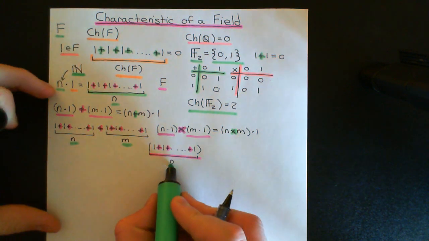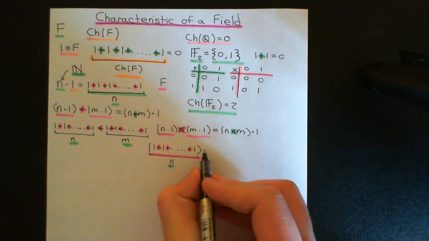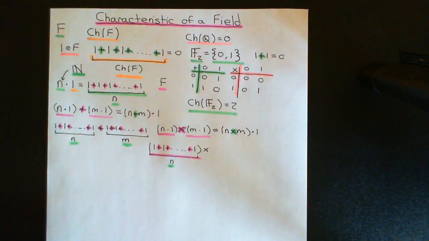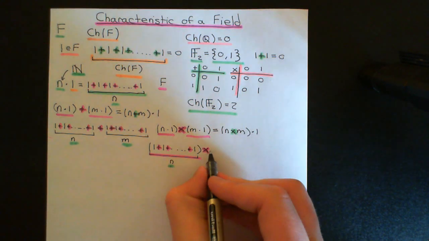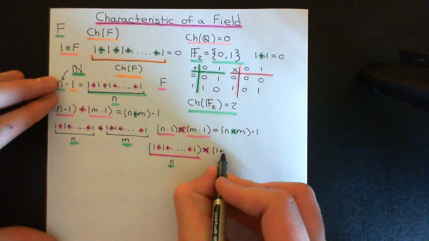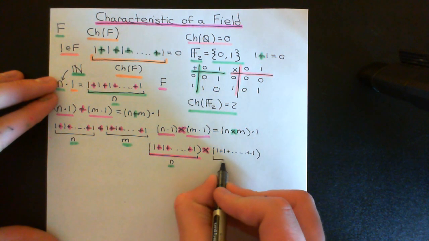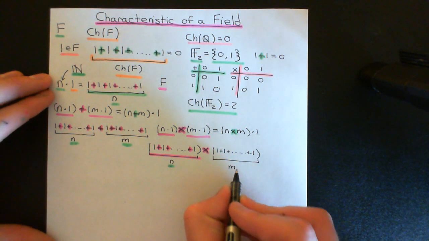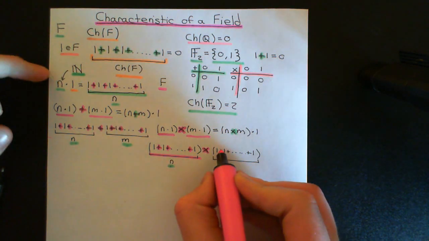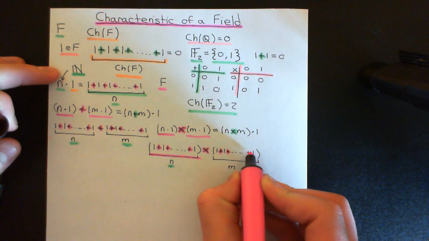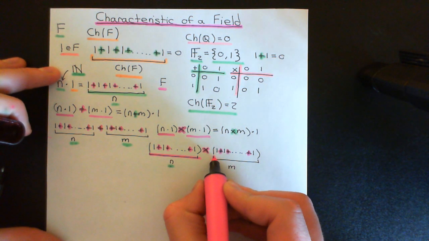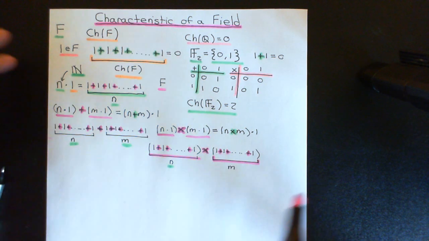Now you are multiplying that, so I'll put a multiplication symbol there. You're multiplying it in the field with m dot 1, which is just going to be 1 plus all the way up to another 1 here, and you've got m lots of 1 there. Again I'll colour these additions in purple because they are in the field, capital F.